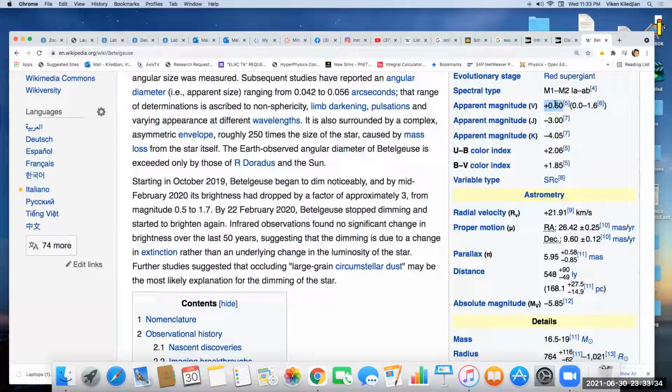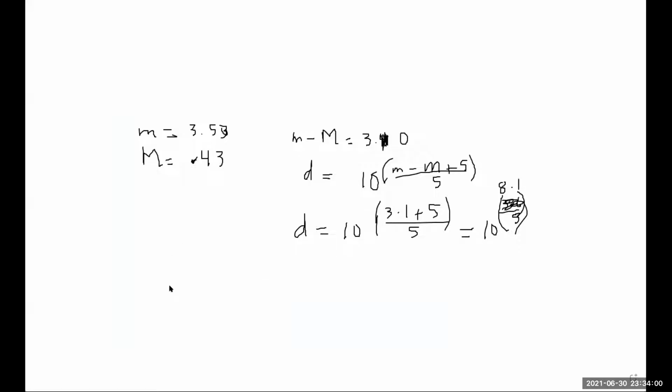Apparent, that's the one they call little m. So now, if we wanted to use that, apparent is 0.5. And then the absolute is negative 5.85. So then what would our calculation be for Betelgeuse?